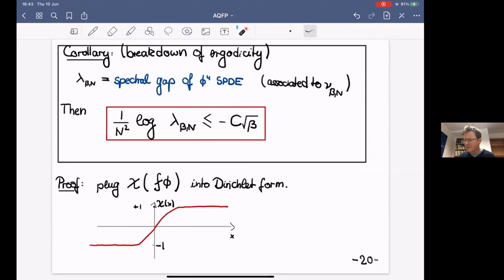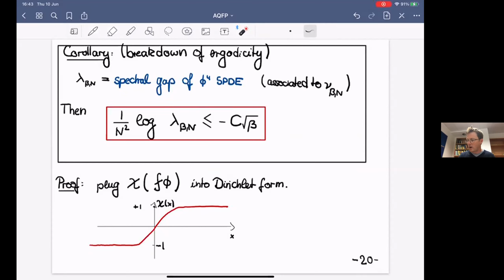So what you get really for free from this estimate is this breakdown of ergodicity. If you just call lambda the spectral gap of this dynamics, which is one way of measuring the equilibration rate of this phi to the 4 dynamics, then you get immediately that it decays in the same way as this probability before, and the proof is really immediate.